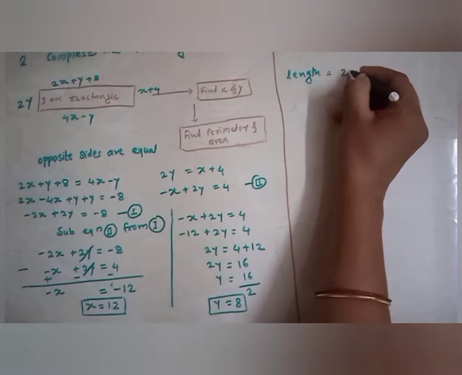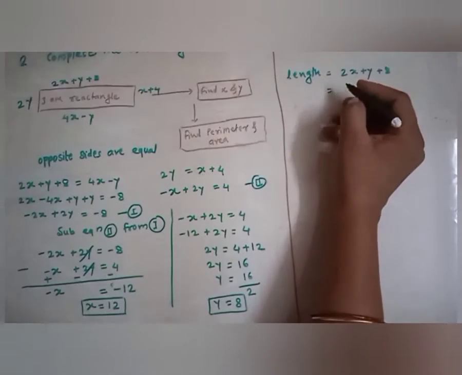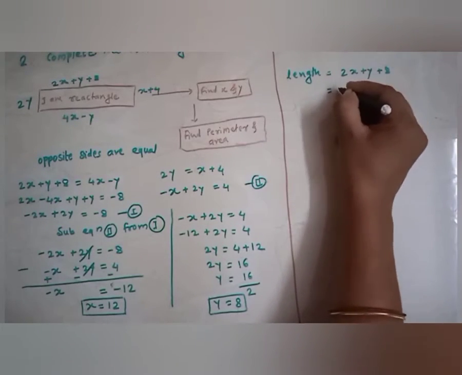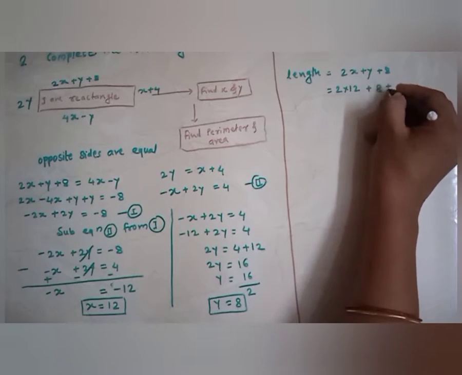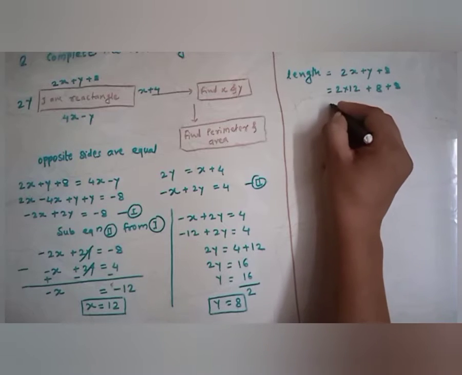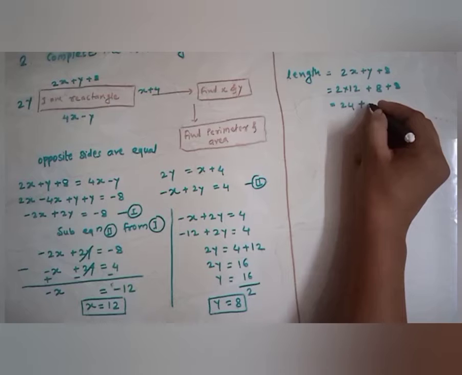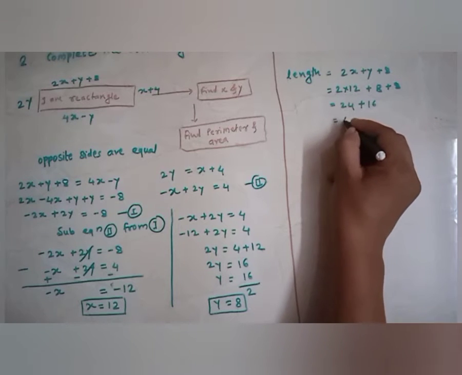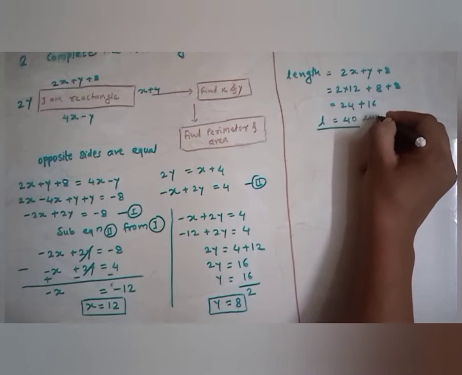We know the x and y values, so we can find it easily. So 2x plus y plus 8, fill the values into this equation, then our length is 40. Okay, L is equal to 40 units.